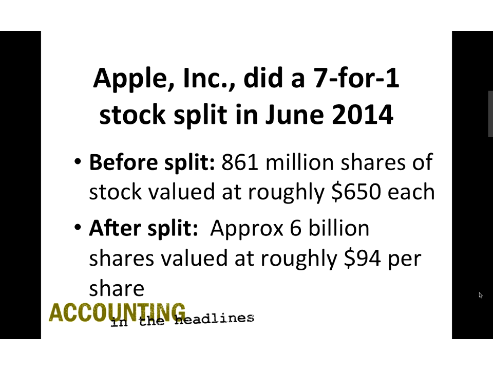So what happens to the market price? The 650 basically gets divided by 7, so you get your stock price down. The reason Apple wanted to do this, it's rumored, they didn't come out and say exactly why, is that they wanted to be included in the S&P 500, the index that you always hear about when you hear how the stock market is doing.